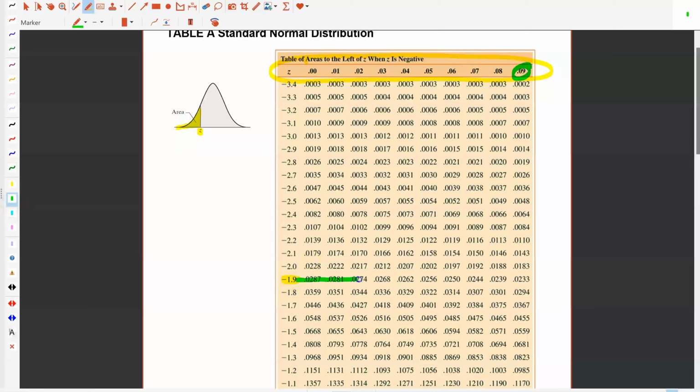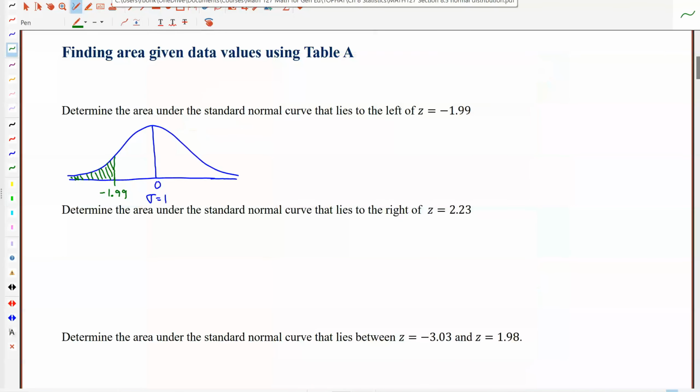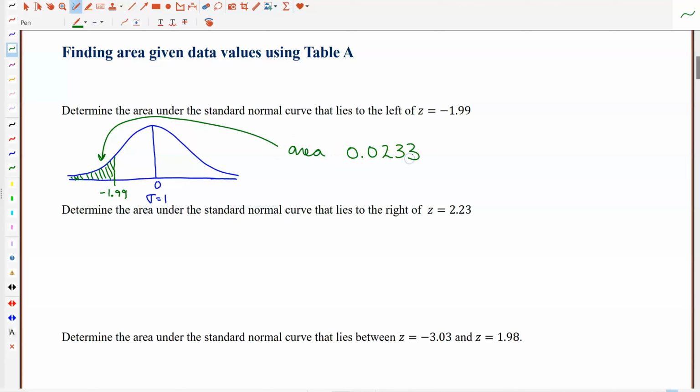So I'm going to be going across this row and then down this column in order to complete my negative 1.99 z-score value, and ultimately the area that's to the left of that value is 0.0233. So I'm going to go ahead and record that in my work. This area that we just found right here is 0.0233. And we got that from using our table.